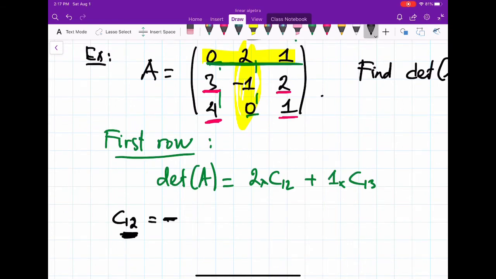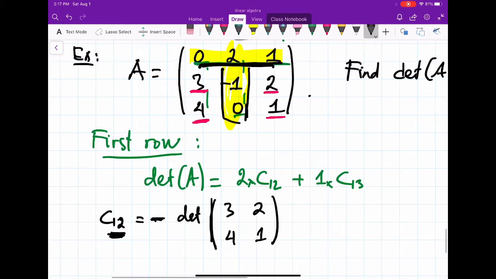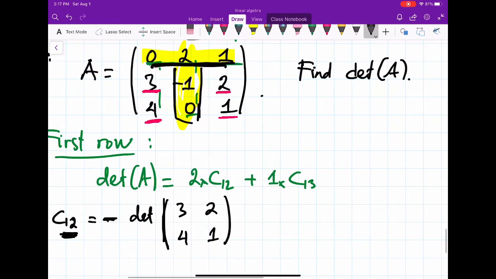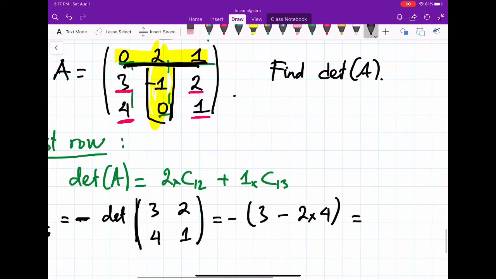I need to find the determinant of the matrix 3, 2, 4, and 1, right? Because I need to delete the first row and the second column. So this is equal to negative (3 minus 2 times 4), which is negative 5, and with the negative sign it equals 5.